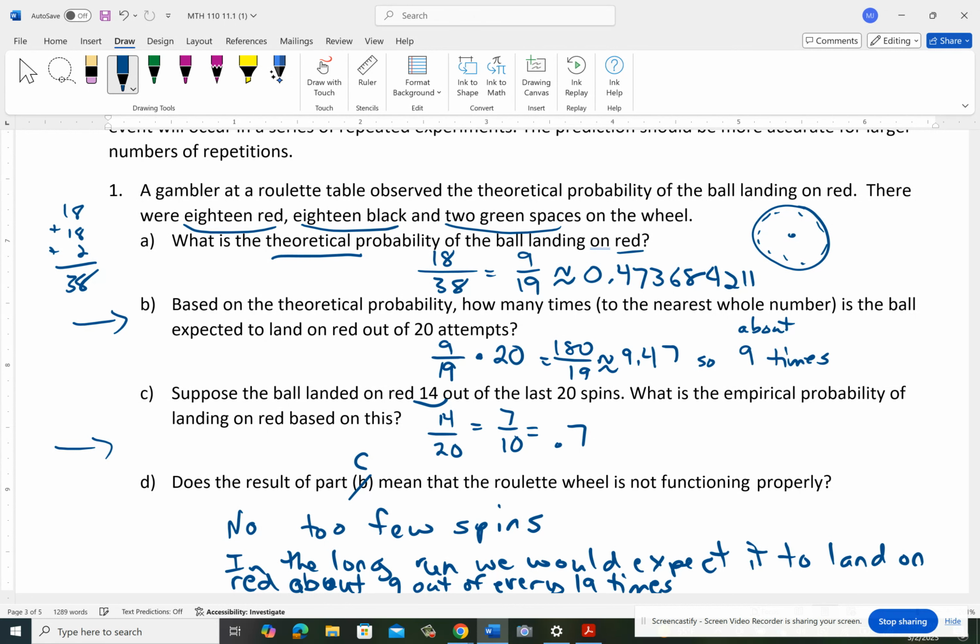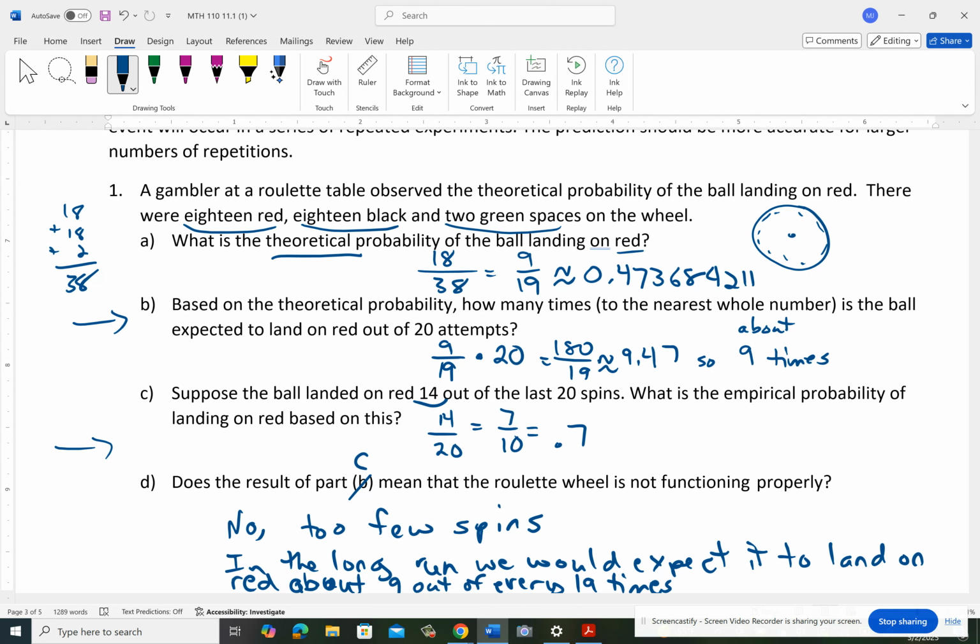Okay. In the long run, like if we spun the spinner millions of times, and I guarantee you that's probably something a casino is going to keep track of, and maybe some of the agencies regulating casinos probably look at that, what did the data show?